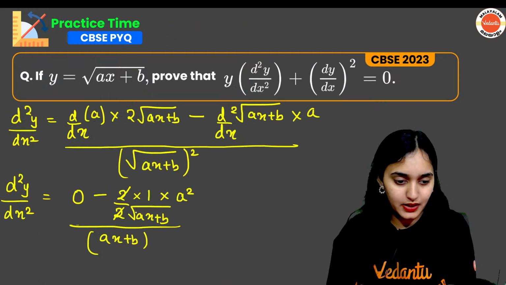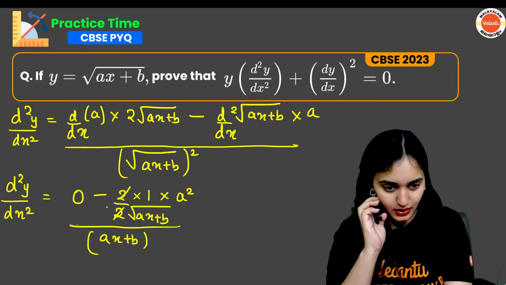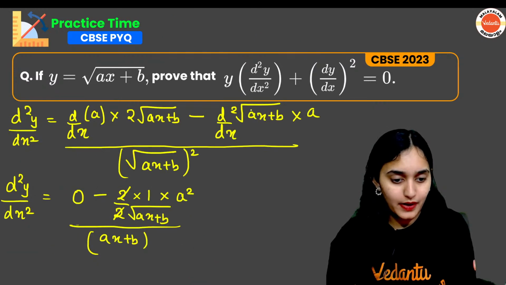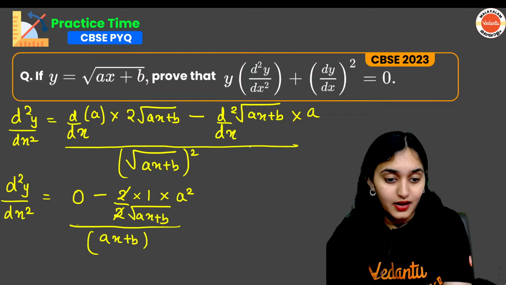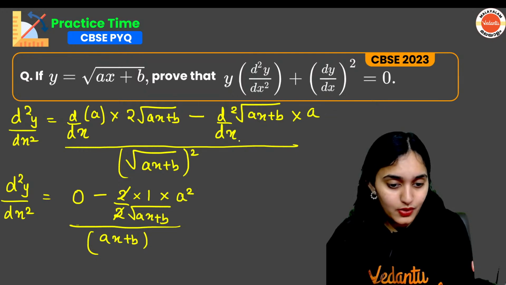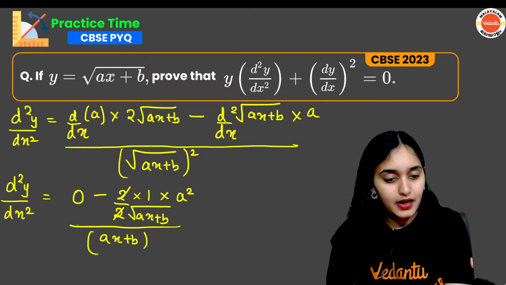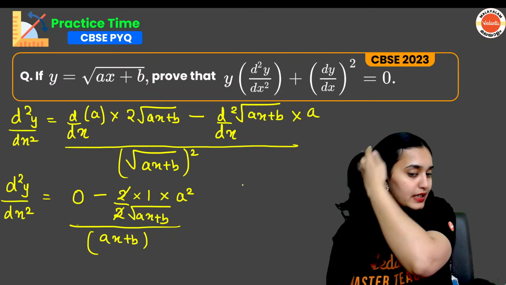D square y by dx square is coming to be minus a square upon root over ax plus b, multiplied with ax plus b.